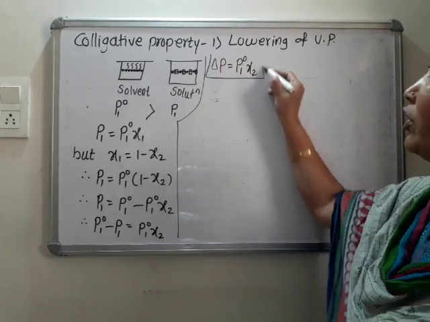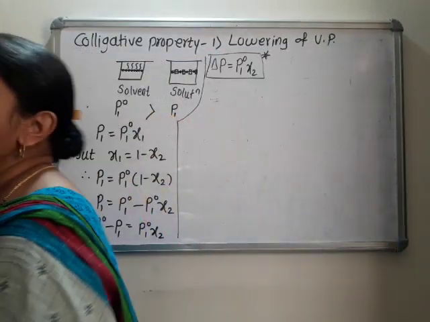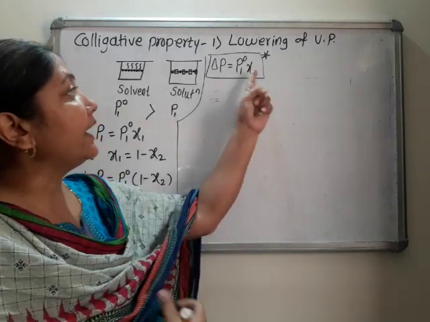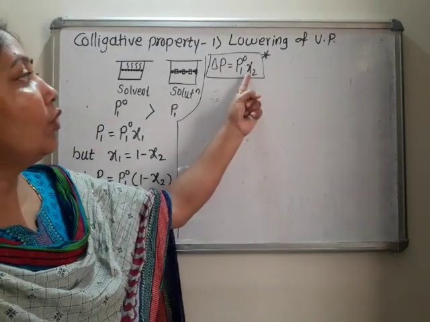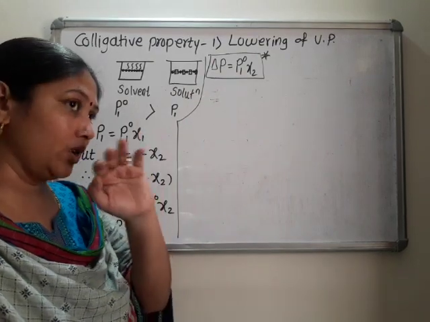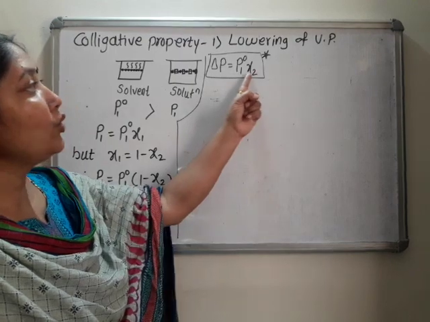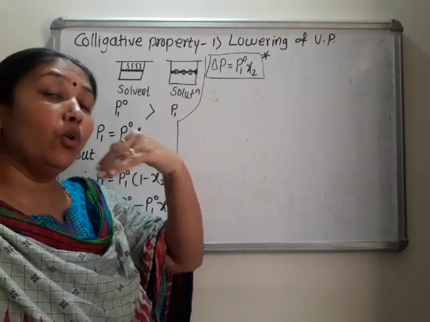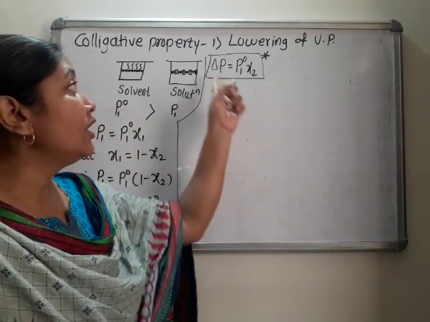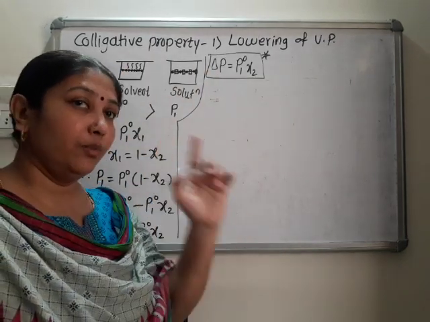Very, very important. In MCQs they ask: lowering of vapor pressure is directly proportional to the mole fraction of solute present in the solution. Because vapor pressure is decreased due to solute particles. The more solute particles, the more the lowering of the vapor pressure.